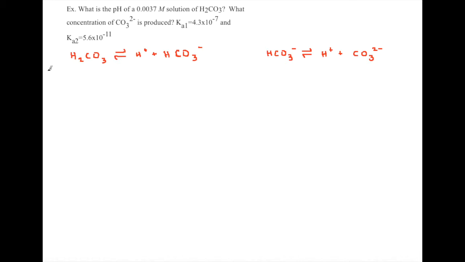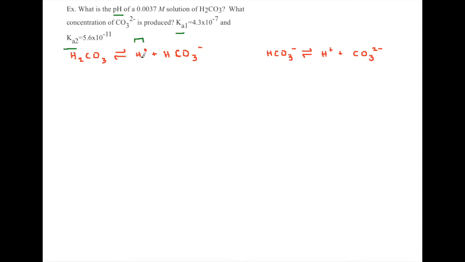So for the first one, because my Ka1 is much larger than my Ka2, to find pH, I'm actually only interested in the concentration of this hydrogen, because the amount of hydrogen ion that's produced here is going to be much less than here, and therefore it's only slightly going to alter my pH if I don't consider this concentration of H+.